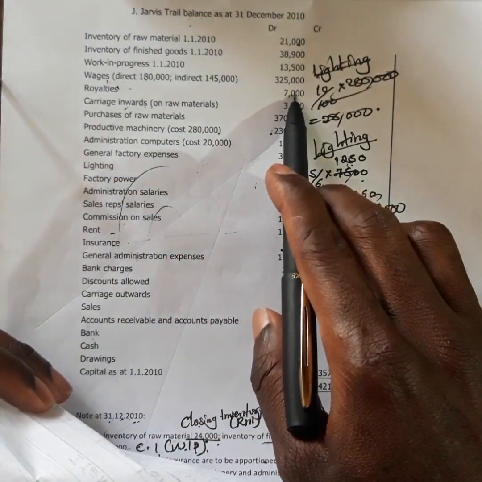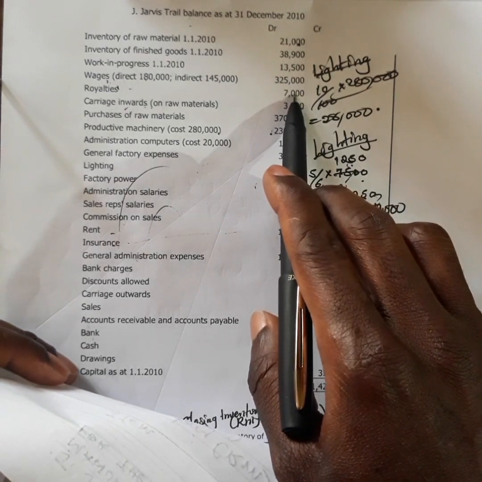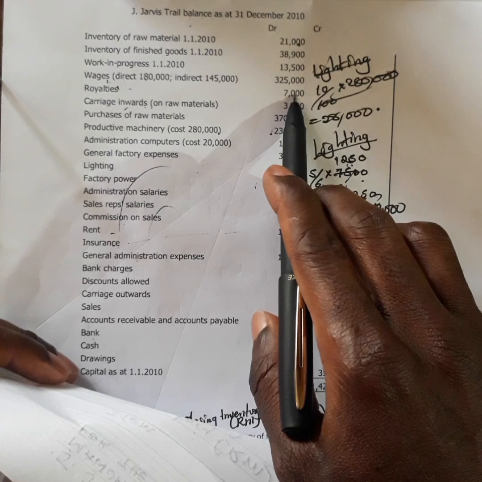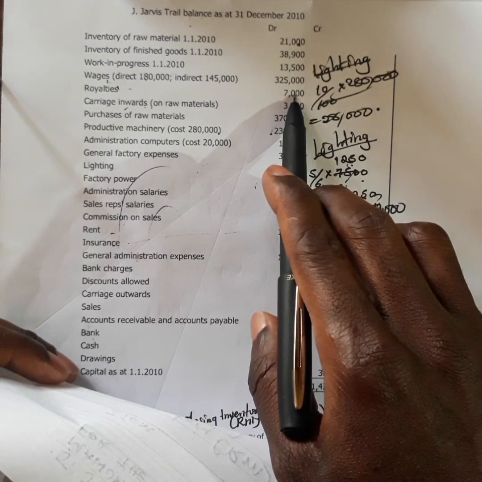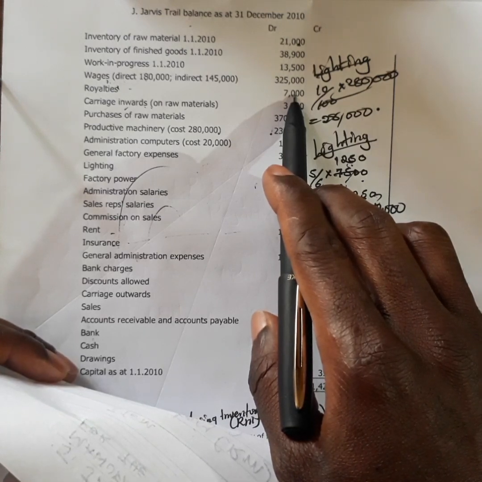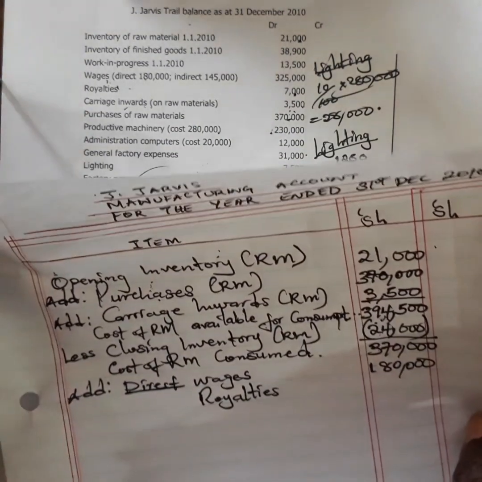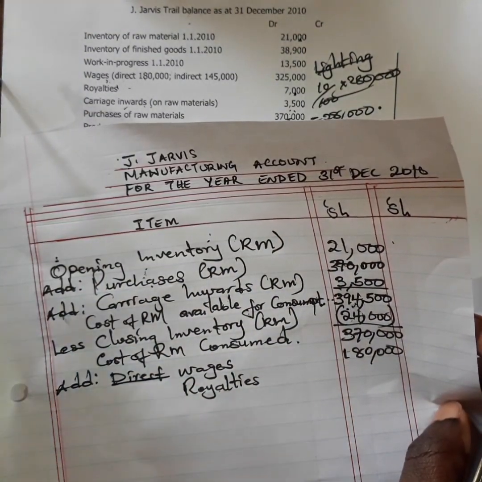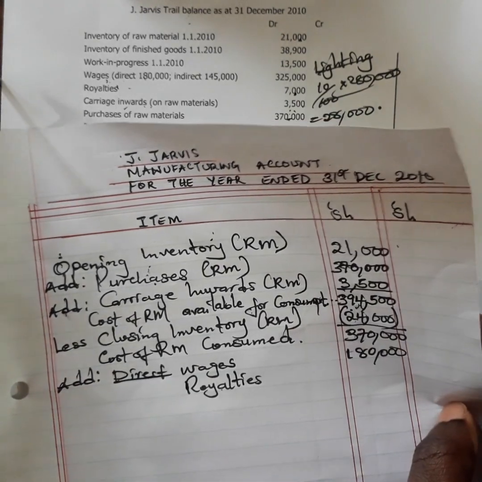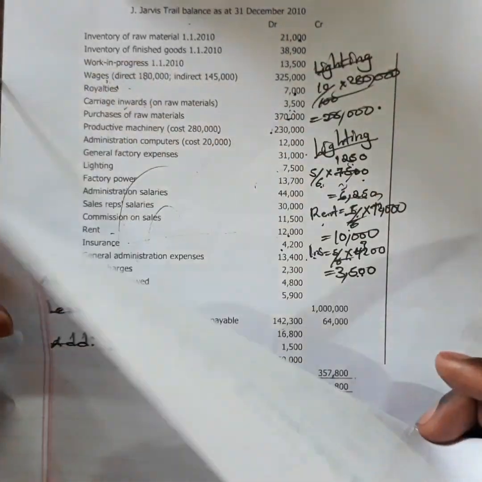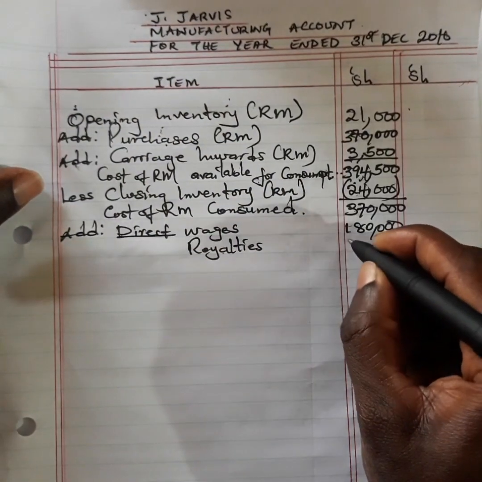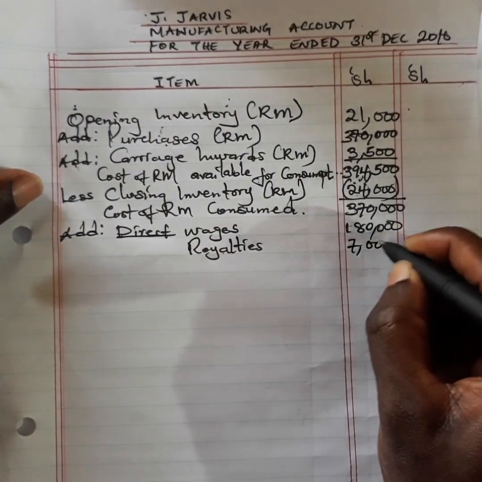And what are royalties? Royalties means the rights to use a particular resource. Now we are supposed to pay for that because that is a labor which will be used. Now these royalties are normally paid to the particular people who are involved in the extraction of the raw materials, and the value of the royalty here is 7,000. So we add 7,000.